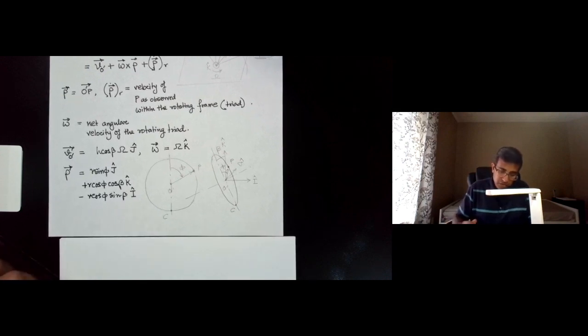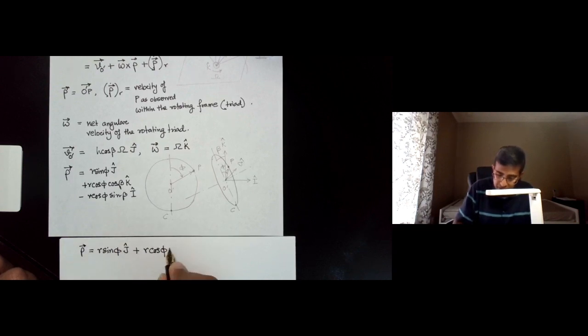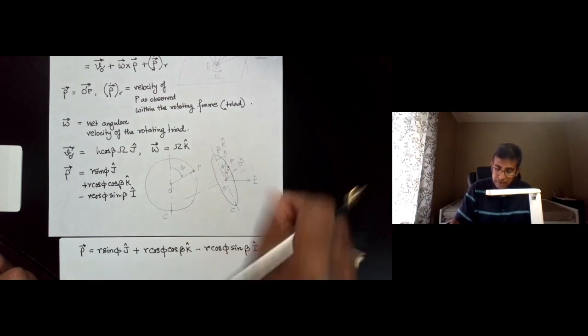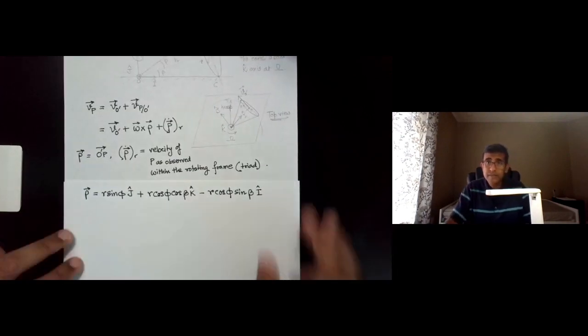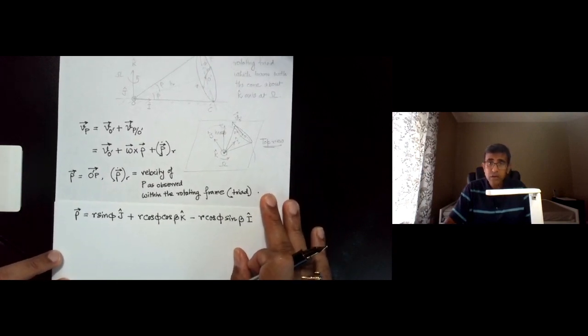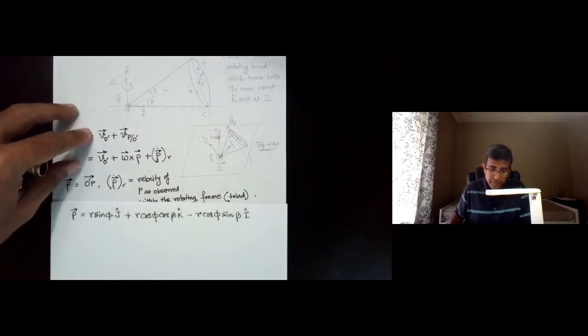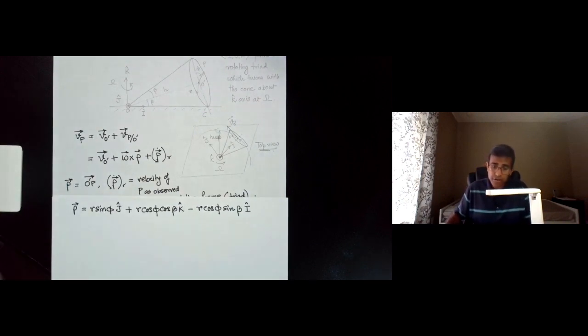So I'm just going to write the expression for rho one more time: rho is equal to r sine phi j plus r cosine phi cosine beta k minus r cosine phi sine beta I. And next we will try to determine this rho dot r.